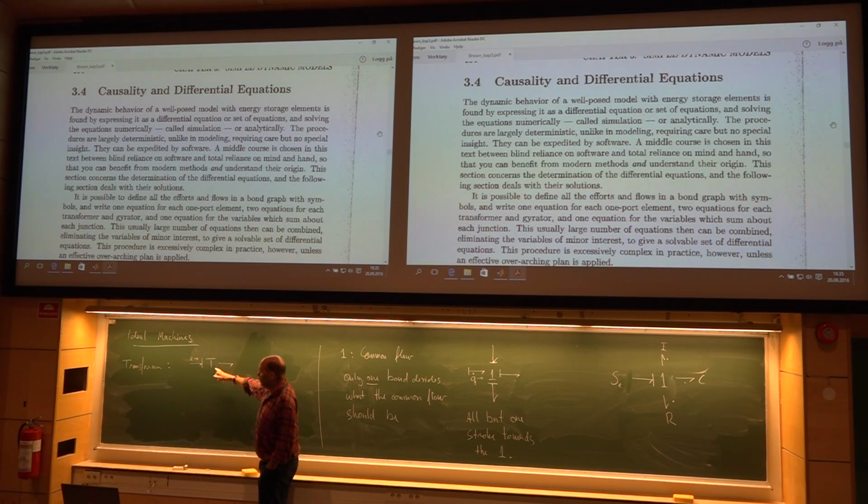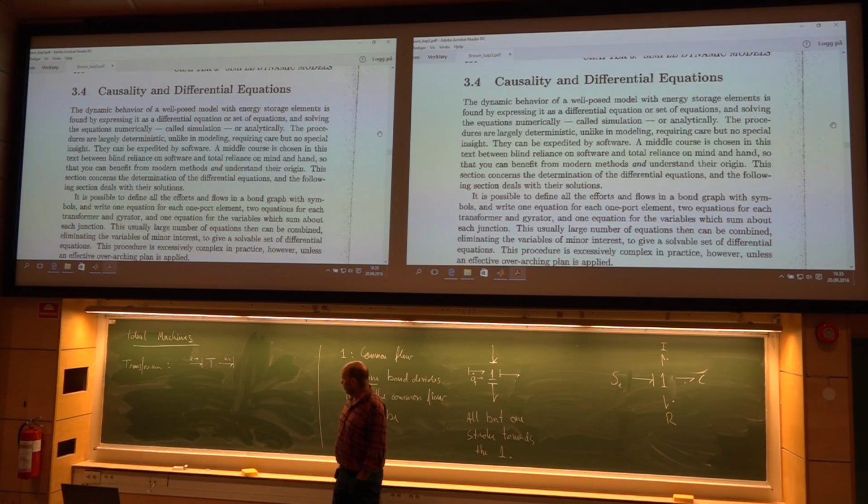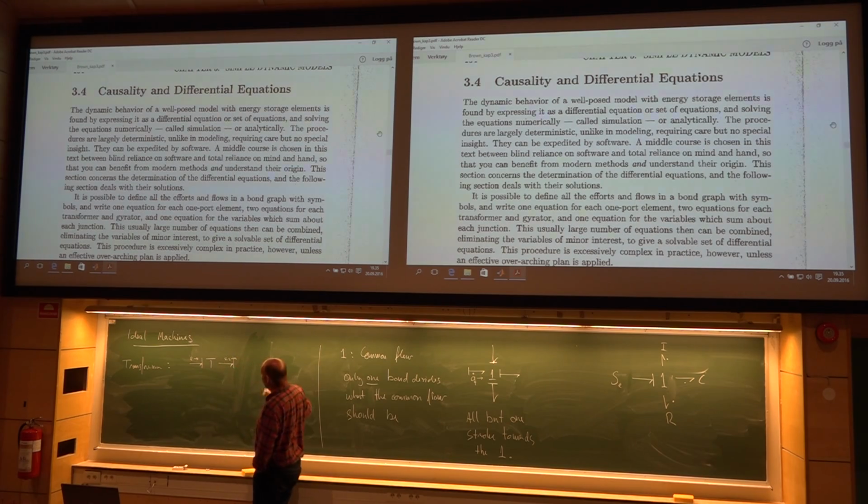Then we know from a transformer we have a coupling effort to effort. If you know this effort, you can find the other one on the other side. Effort 2 equals T times effort 1 or something. But the causal stroke will still be to the right. So this effort 2 will still continue to the right, and the flow then goes the other way around.